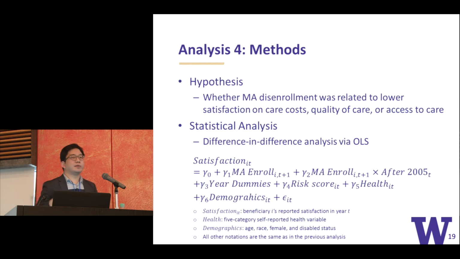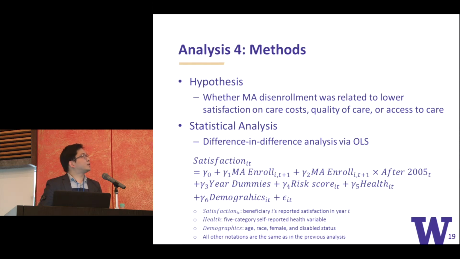And to examine the reason for disenrollment, I analyzed the relations between disenrollment and satisfaction with care cost, quality of care, and access to care. And I ran a similar difference-in-differences analysis that I explained previously.